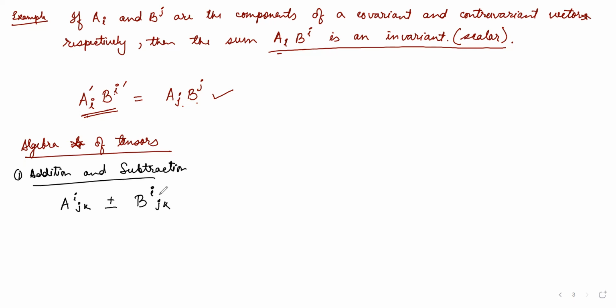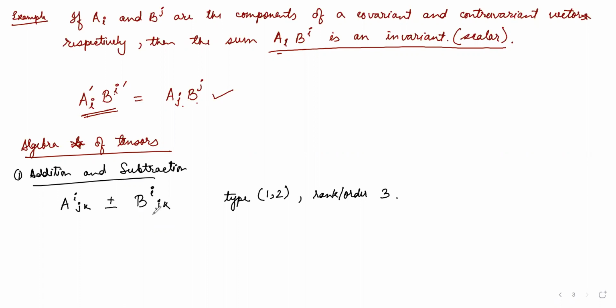That means each has one contravariant index and two covariant indices. So these are tensors of type 1, 2, rank or order 3. They are of similar types, so we can add these tensors.